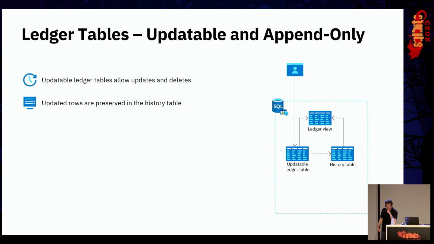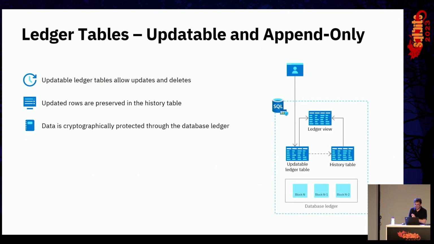Does it remind you of anything? Temporal, exactly, right? In fact, the Ledger feature extensively builds on top of temporal. Now, here is the difference between Ledger and temporal. When a transaction makes a change on some records in a database, the database system hashes all these changes, and then every 30 seconds or so, it combines all the transactions together and hashes them together, and it generates what is called a block, a transaction block, and then it links these blocks cryptographically.